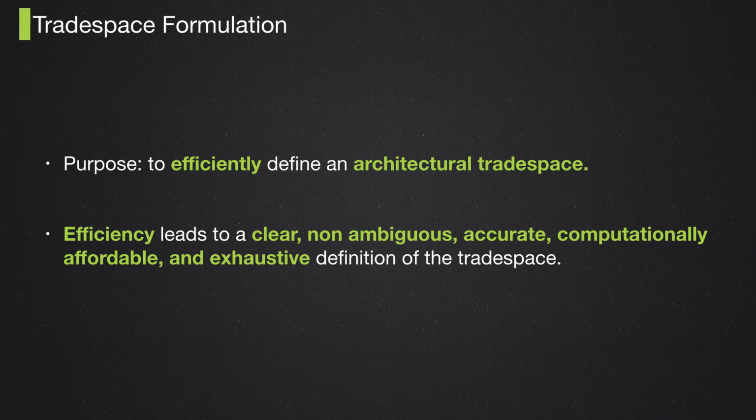So the purpose of thinking about formulation is to efficiently define an architectural trace space. Why do I stress the word efficiency? Well, efficiency leads you to the principles that I explained previously, right? So it leads to a clear, non-ambiguous, accurate, computationally affordable, and exhaustive definition of the trace space.